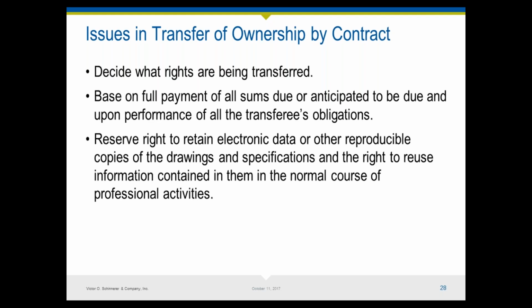You probably should retain the rights to your electronic data and even reproducible documents of the drawings and specifications, and the right to reuse information contained in them in the normal course of your professional activities. Many times you'll see developers who understand this.